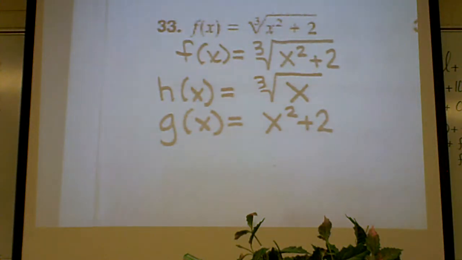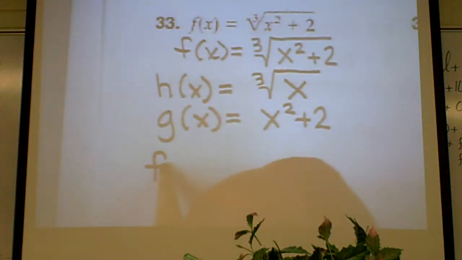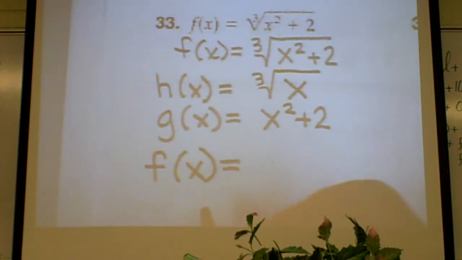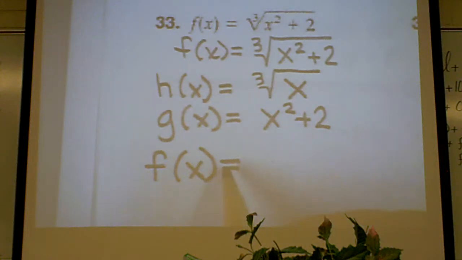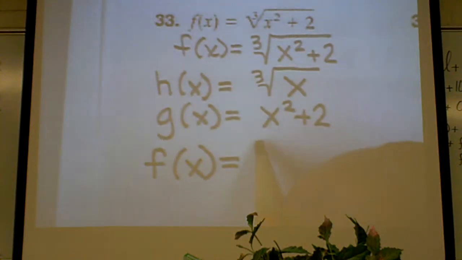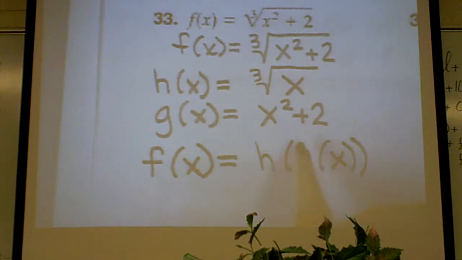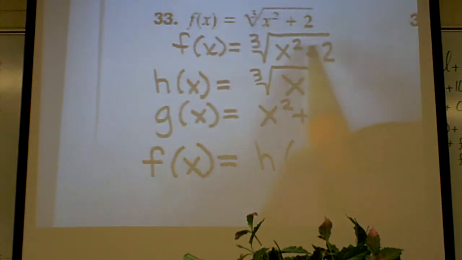Okay, now, f of x. How would we combine these two to get f of x? Do you put g first or h first? H of g of x. And now, double check, does this work? If I take g of x and stick it in here, do I get f of x?